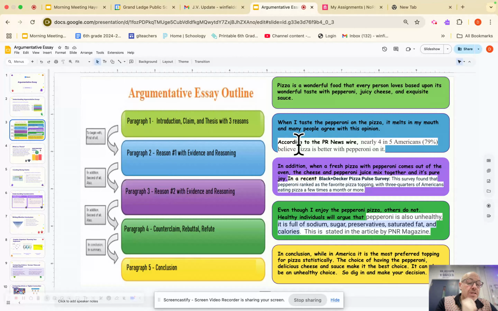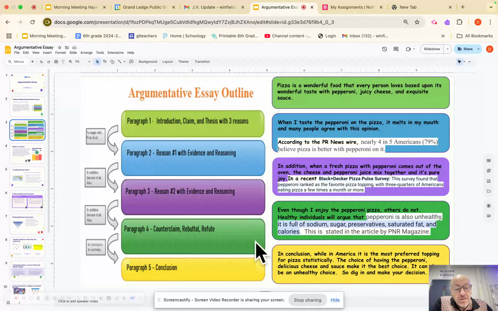Another way to put this is, I have a claim, which is an opinion, and a fact, which is evidence. Claim, opinion in black, and right here in white is going to be fact or evidence. Evidence and claim are the higher vocabulary words to show that you are getting more and more educated, especially in the world of English and writing.